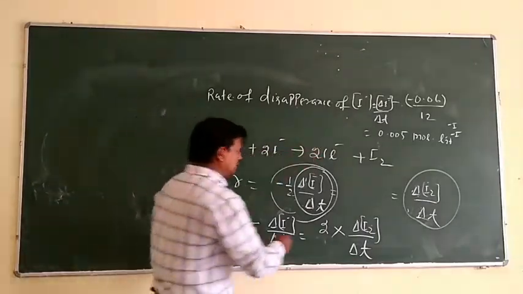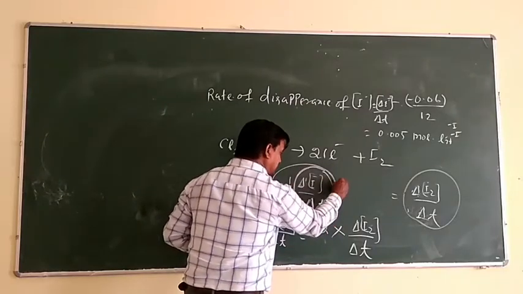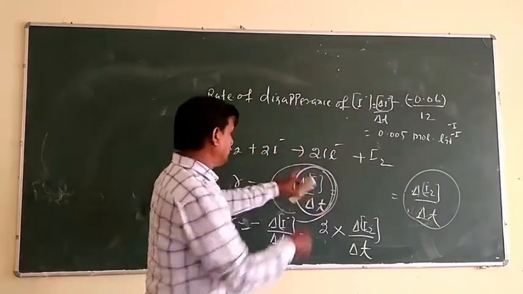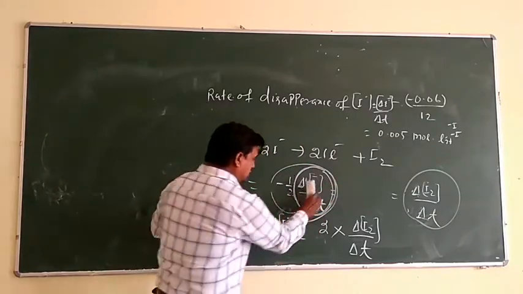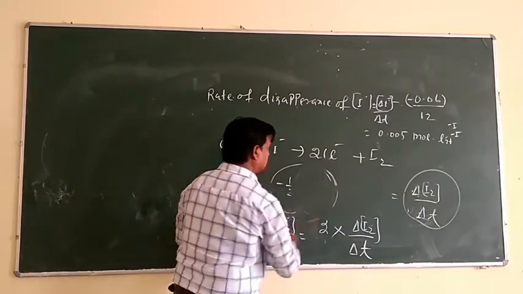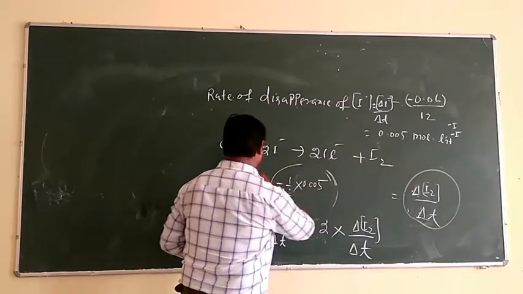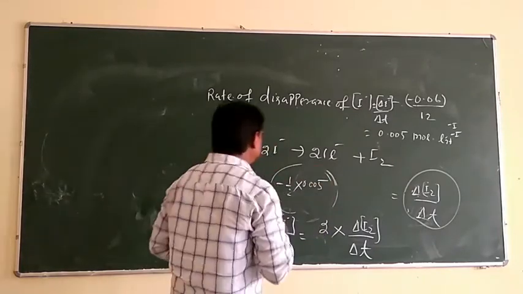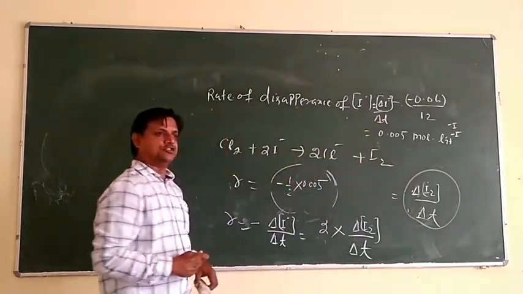So del I minus ion by del t value is 0.005.